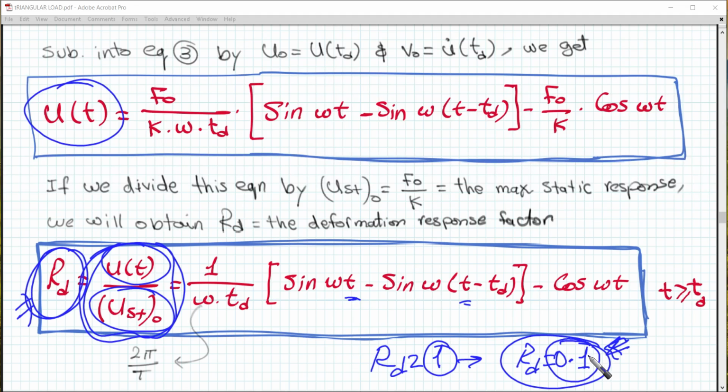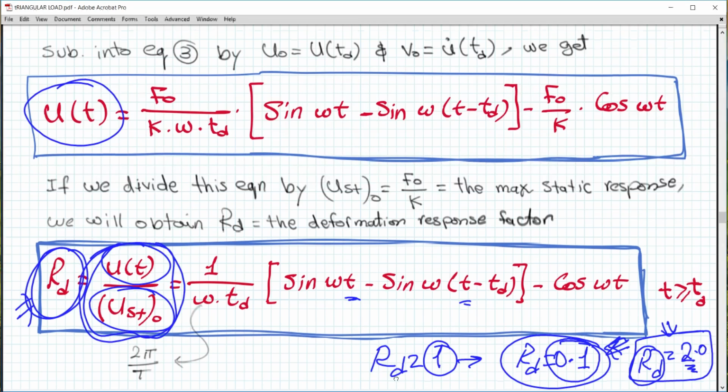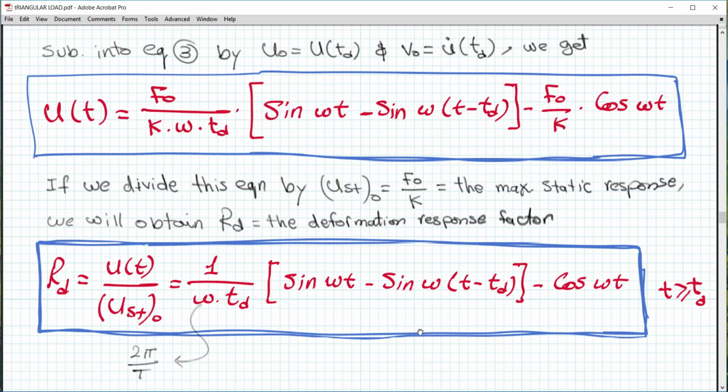It will reduce the maximum static response by 90%. But if we have RD equal to 2, for example, this is problematic for us because the dynamic response is going to be double the maximum static response. You understand? This is the meaning of what we are having for the RD.